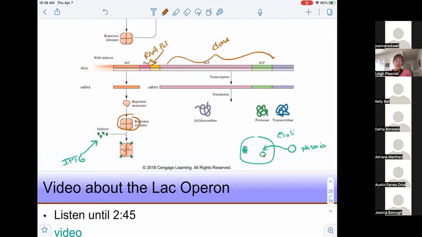Typically I'll start an overnight culture, and in the morning I dilute it and give it lots of new food so that it can get into what we call exponential growth. When it's in exponential growth, it's growing fast and the cells are happy. At the beginning of that, I give it this inducer molecule, and that turns on expression of my cloned protein.